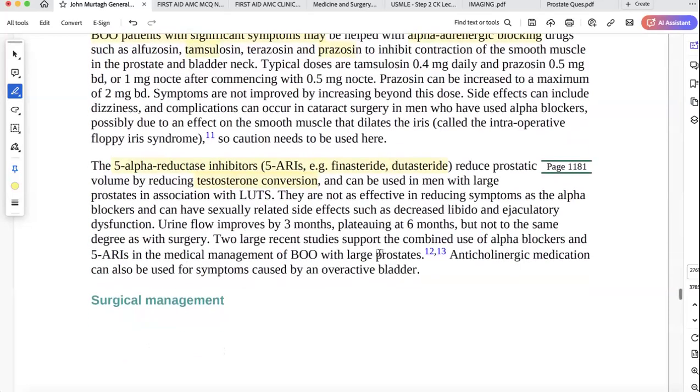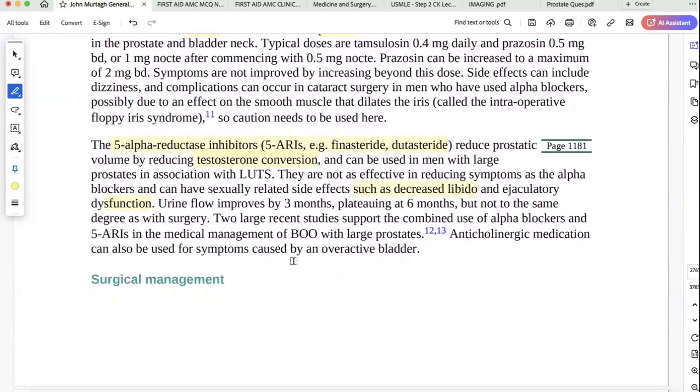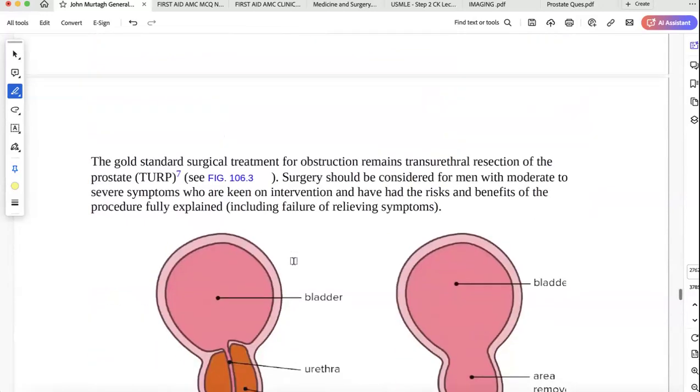The problem with this is that it can reduce testosterone, so the patient can end up getting decreased libido and ejaculatory dysfunction. But the best management is a combination of these two, alpha blocker and 5-alpha reductase inhibitor.